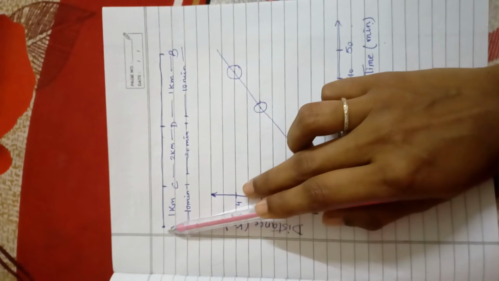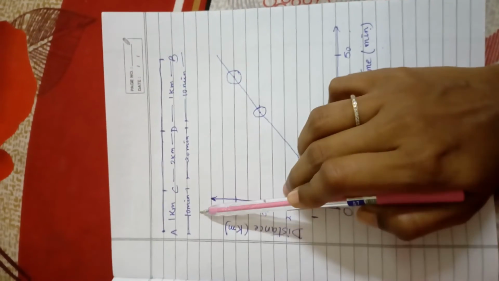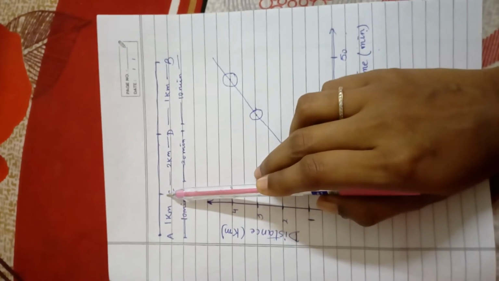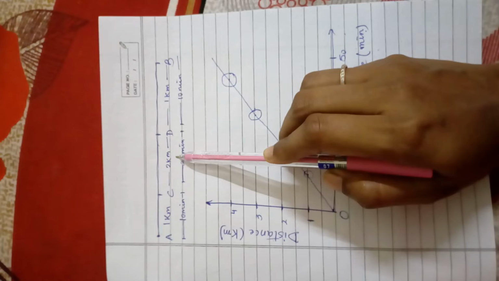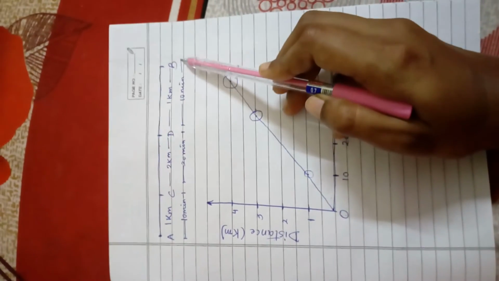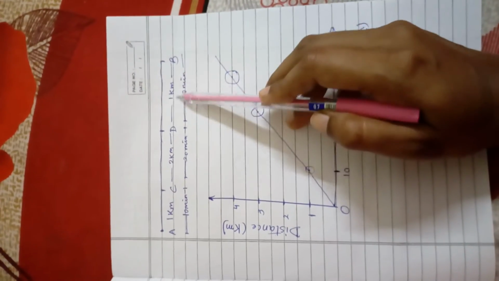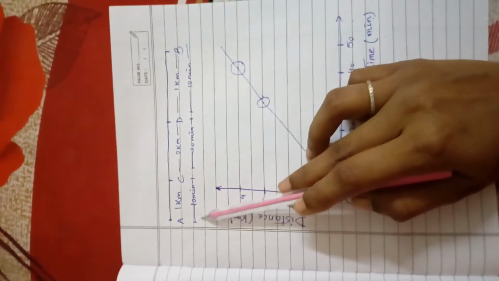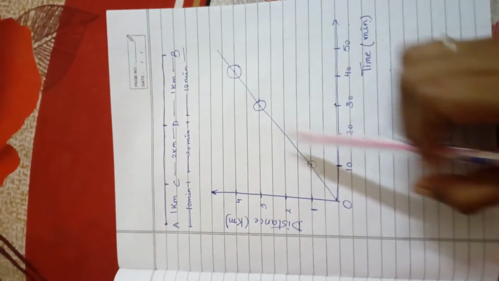For example, from point A to point C, it took 10 minutes to cover 1 kilometer, in another 20 minutes it covered 2 kilometers, and to reach the final point from point D, it took 10 minutes to cover the last 1 kilometer. So let us try to draw a graph from this data.